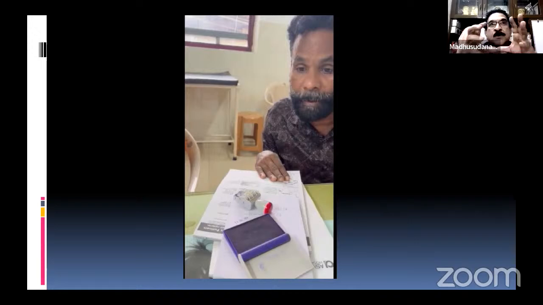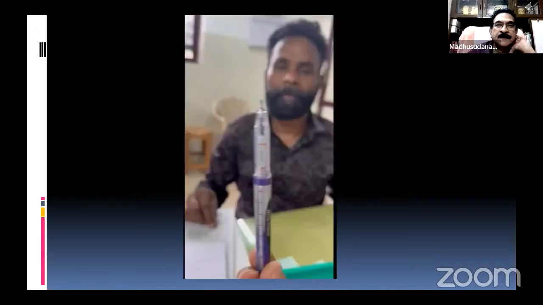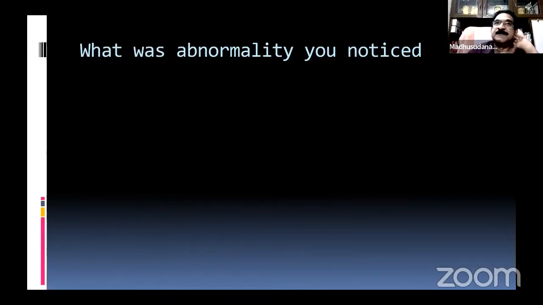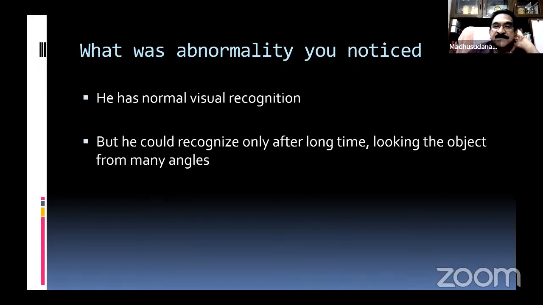To decipher what an object is, a three-dimensional object, you have to look at the various aspects of the object. You have to scan each part. Then only can you bring out the meaning of the whole object. So you scan it, take a long time to understand what the object is. But he has no gnosis problem. He recognizes it correctly. There's normal visual recognition, but he could recognize only after a long time looking at the object from many angles.